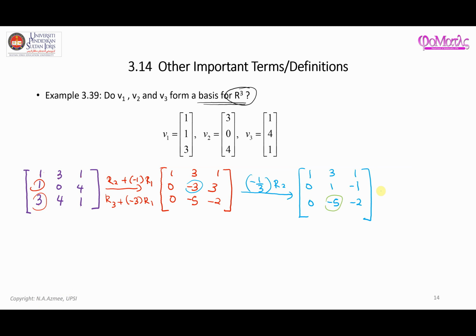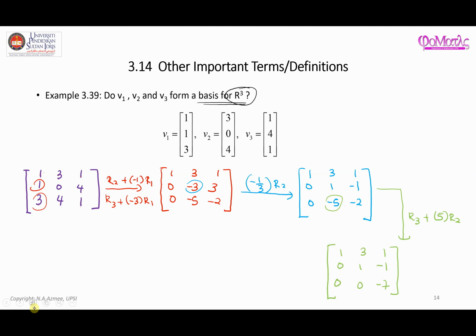So the process that we will consider is R3 plus 5 R2. And therefore, we will get this result 1, 3, 1, 0, 1, -1, 0, 0, -5, 5, 0, -2, -5, -7.